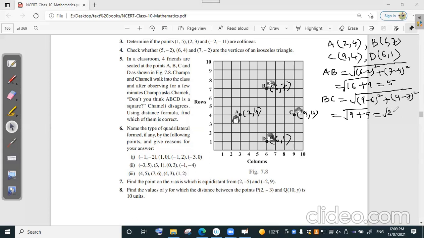You can also write 2 into 9, and when you take the square root, it will become 3 root 2. So obviously these two sides are not equal.